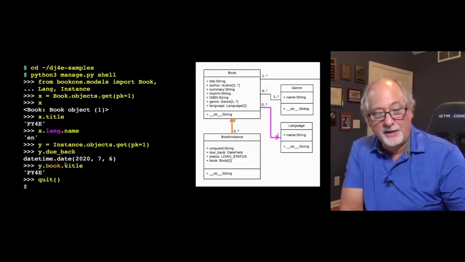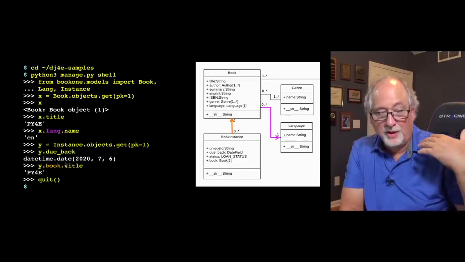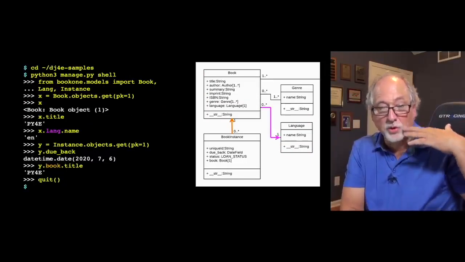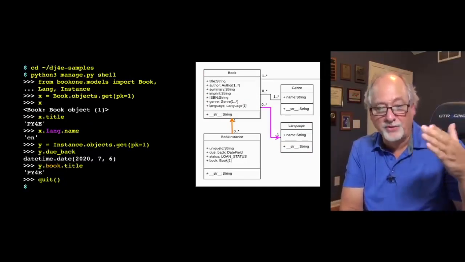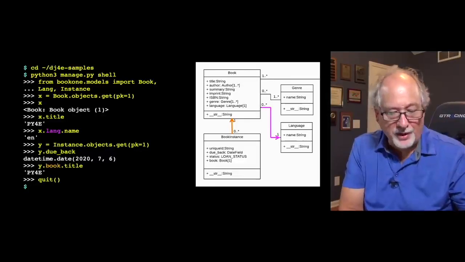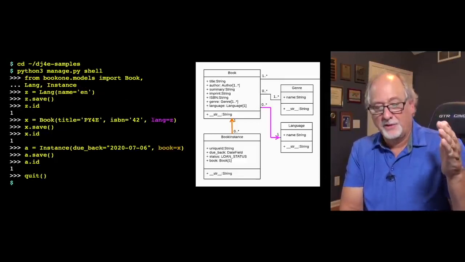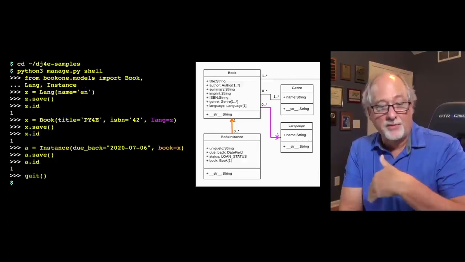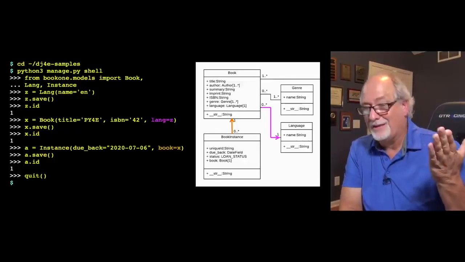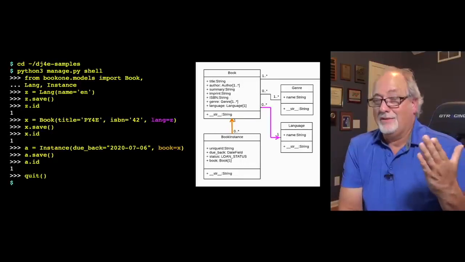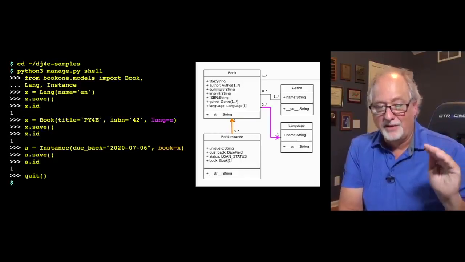Okay, and so that is this whole linking thing. So these are the pointers, and what Django's doing in this situation is trying to hide from us the whole idea of the foreign keys and the primary keys. Other than me asking what the ID is, it's not really something you have to do. So all those asking for the IDs aren't necessary.